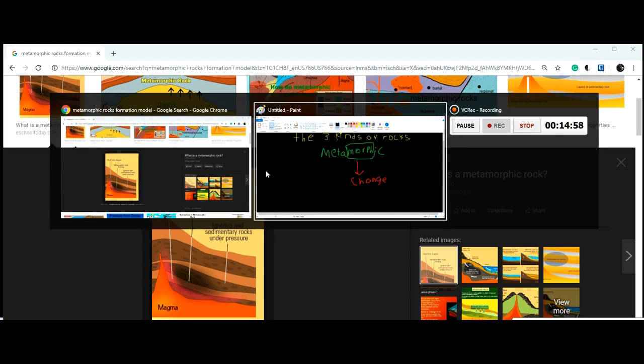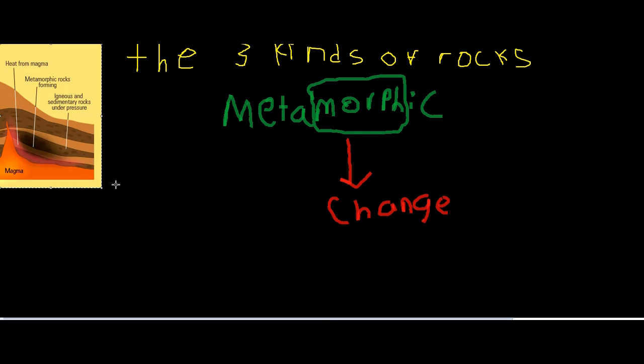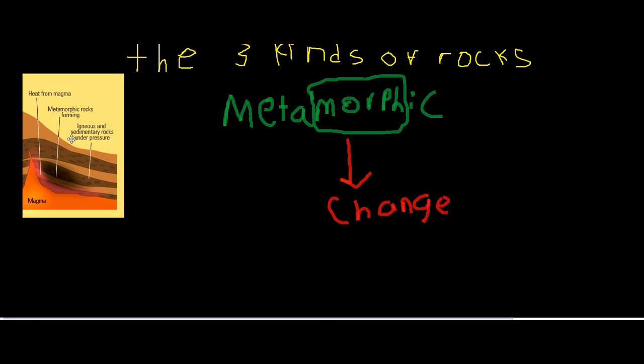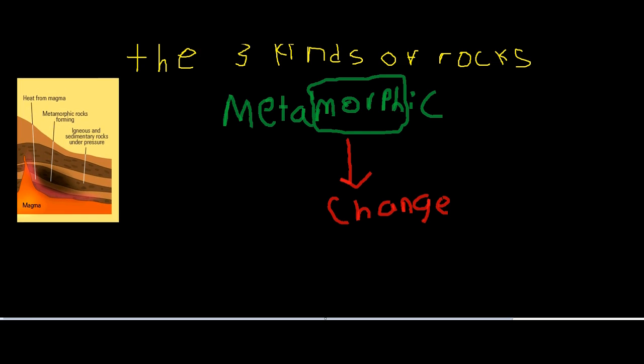So essentially what happens is it takes those other two rocks that we talked about. So we had our good old friend the igneous, and we had our good old friend the sedimentary rock.